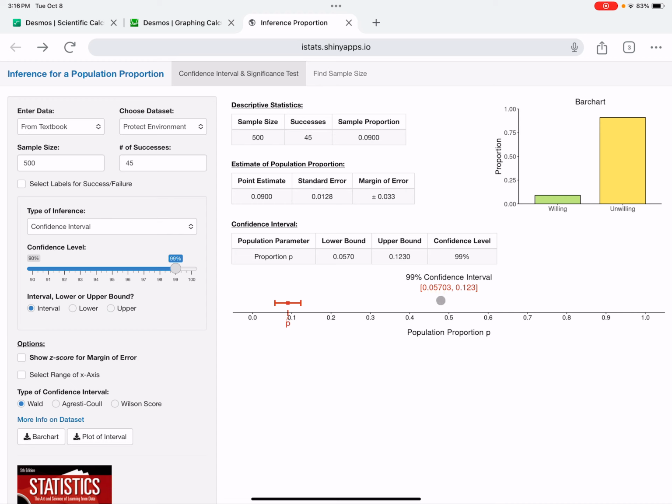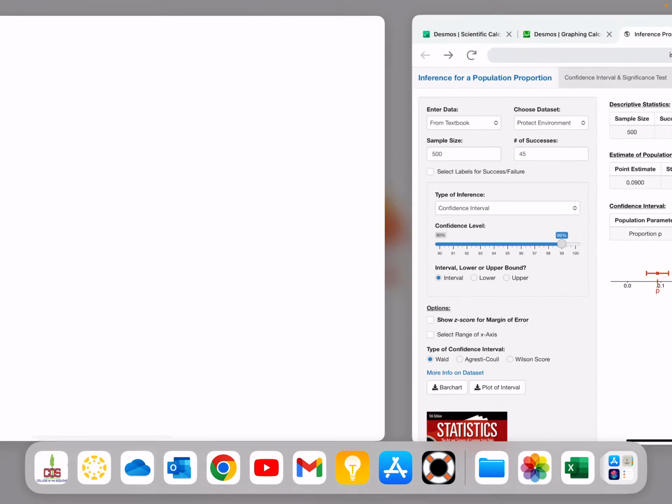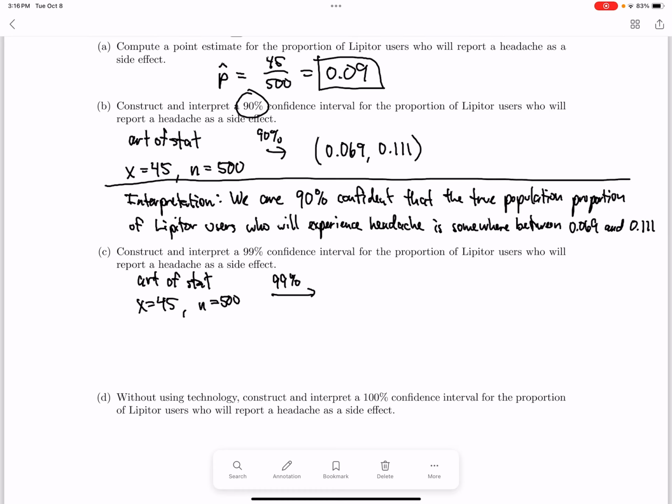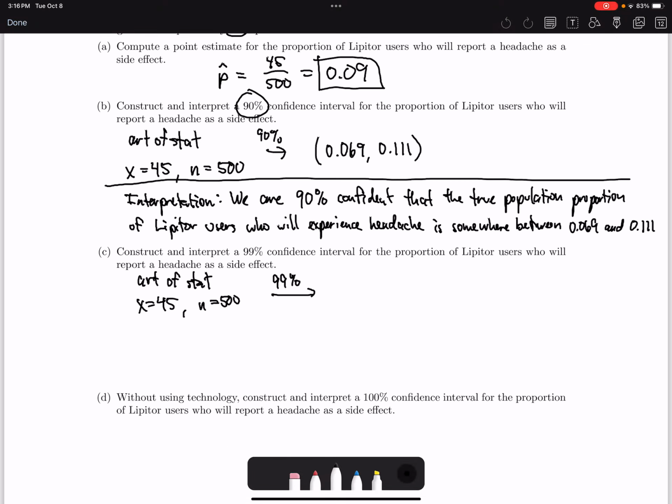But okay, so we would say that this is about 0.057 to 0.123. And again, our interpretation here would be similar. We would say we're 99% confident that the true population proportion of Lipitor users who will experience headache is somewhere between 0.057 and 0.123.